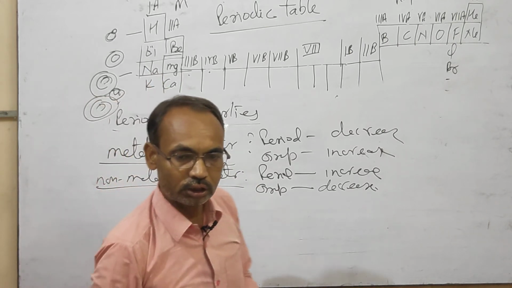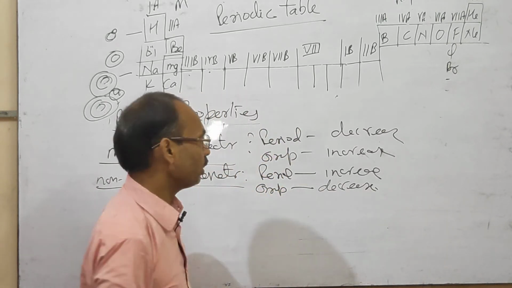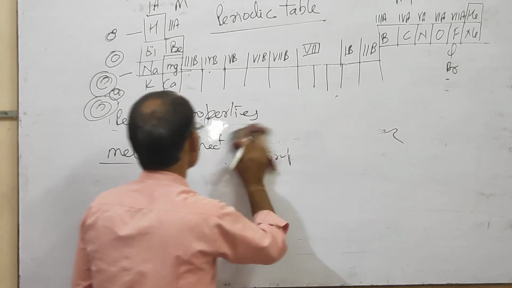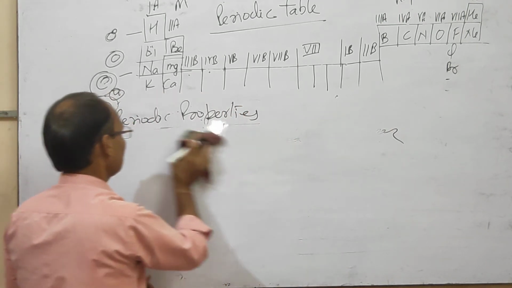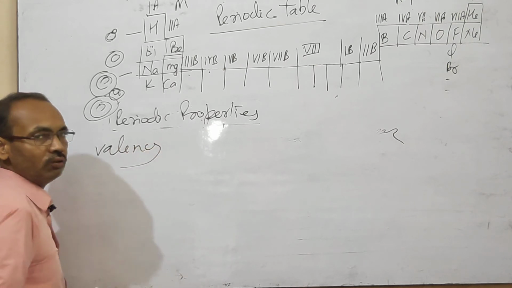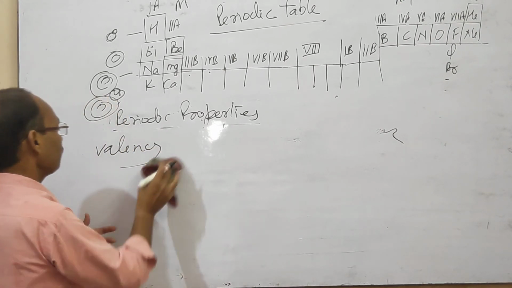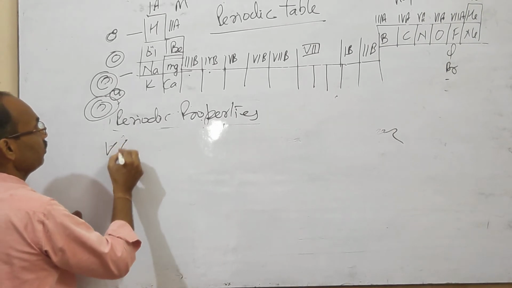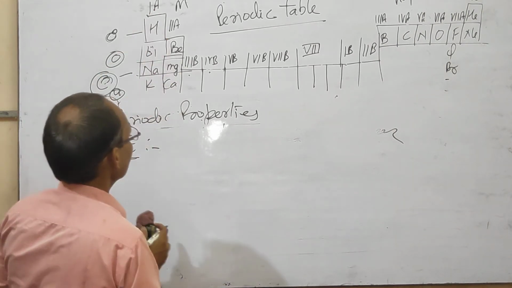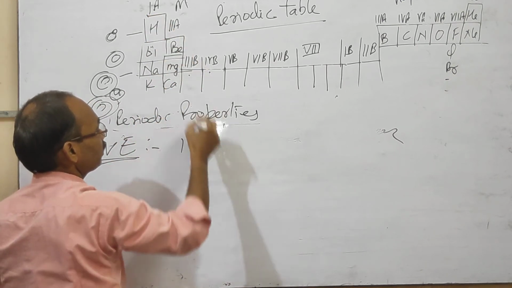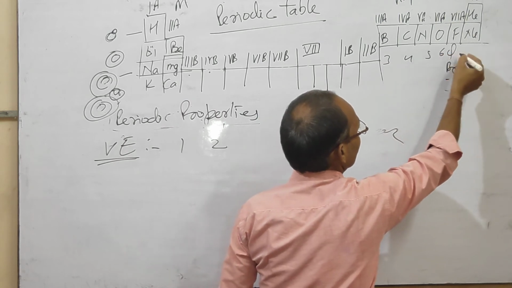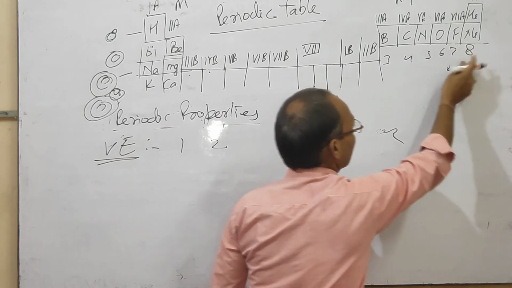And the next point is valency. Valency depends on valence electrons. First of all, you should know the valence electrons. The first group has 1 valence electron, then 2, 3, 4, 5, 6, 7 and 8 valence electrons.